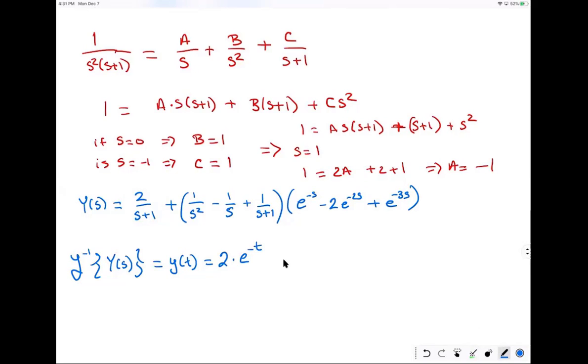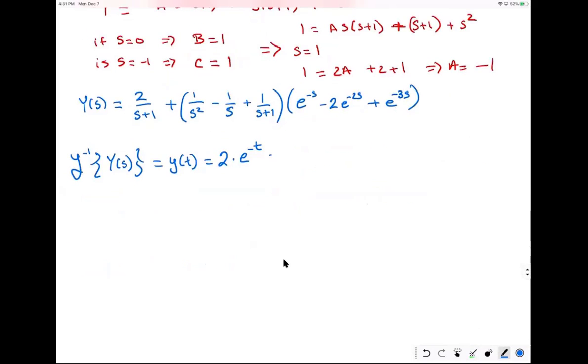So let me see. I'm going to run out of room when I write this, but for this one, the a is equal to 1.